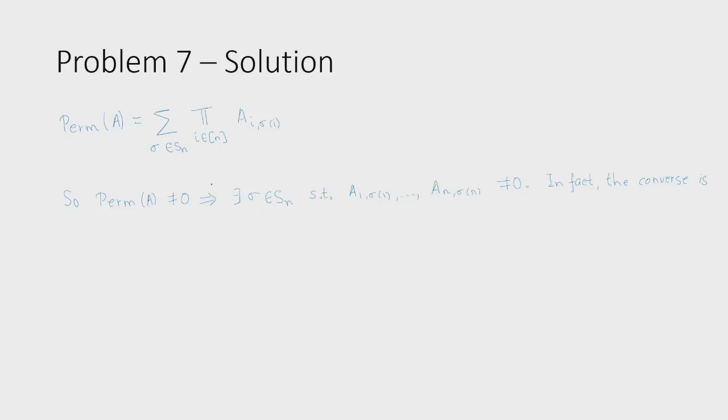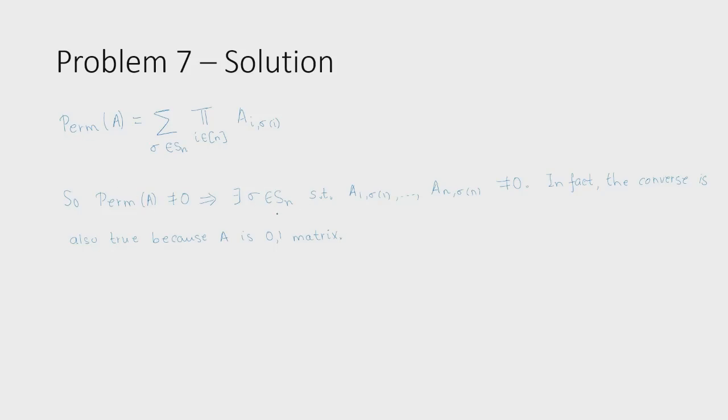So this is a bi-implication because A is a 0, 1 matrix. So since A is a 0, 1 matrix, if such a permutation exists, then at least one of the terms over here would be 1. And since every entry of A is positive or 0, there isn't going to be any cancellation over here. So if one of these products is 1, then the permanent would be non-zero.